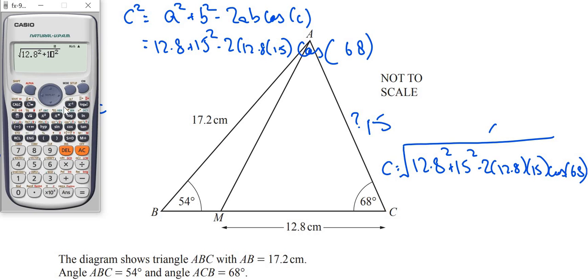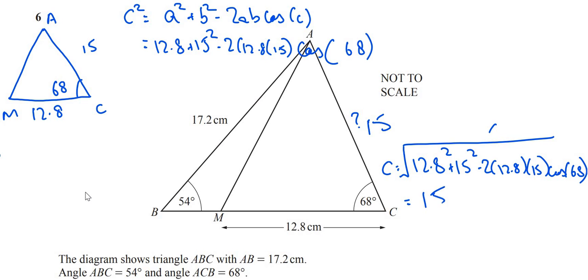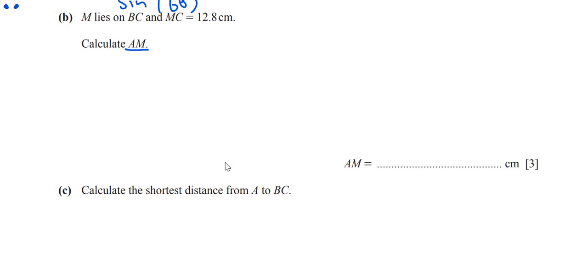Wait a minute, let me erase this part. 15 square minus 2 multiplied by 12.8 multiplied by 15 multiplied by cos 68 and then close. So I get my answer as 15.652. So AM you can round off to 15.7.